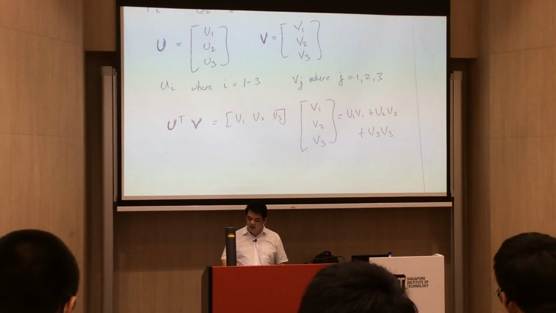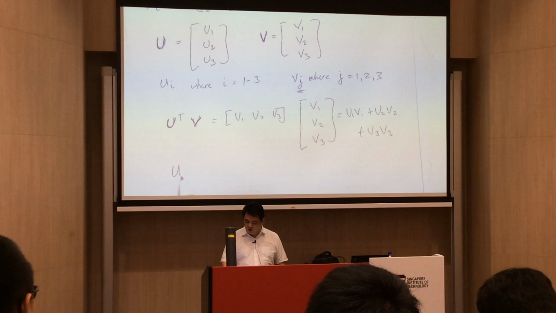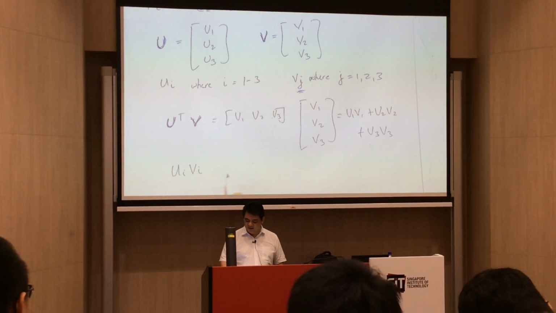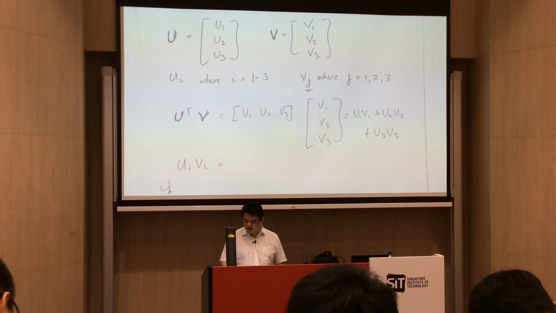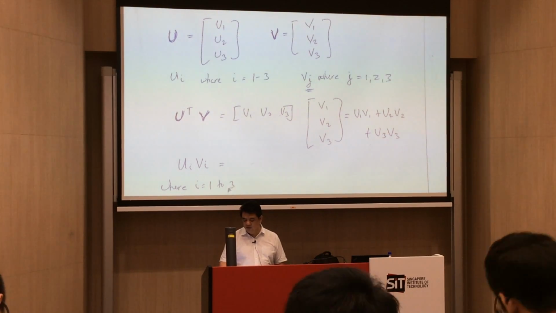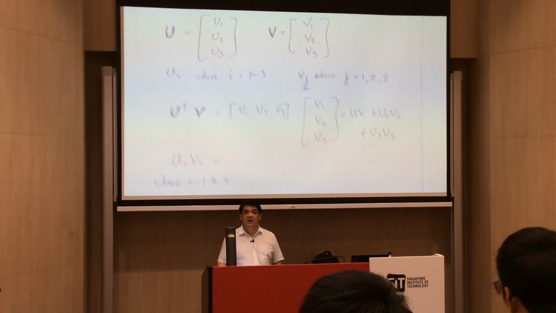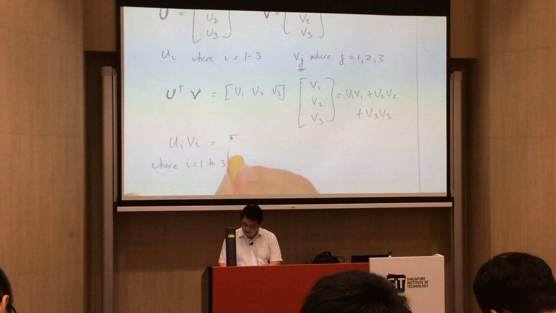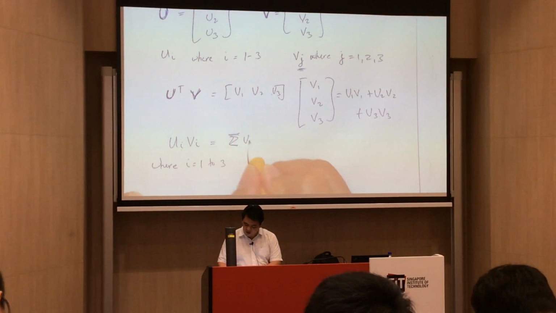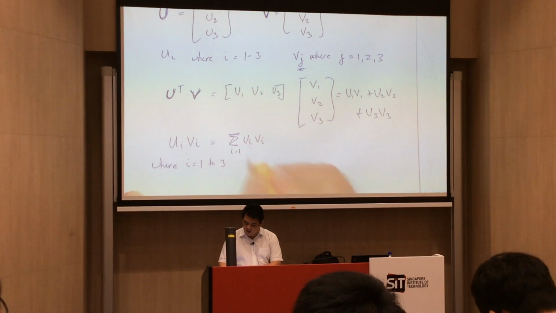So in indicial notation, I'm going to use UiVi, where i is equal to 1, 2, 3. This is a summation. I can write this as sigma, or the summation, of UiVi, where i is equal to 1, 2, 3.